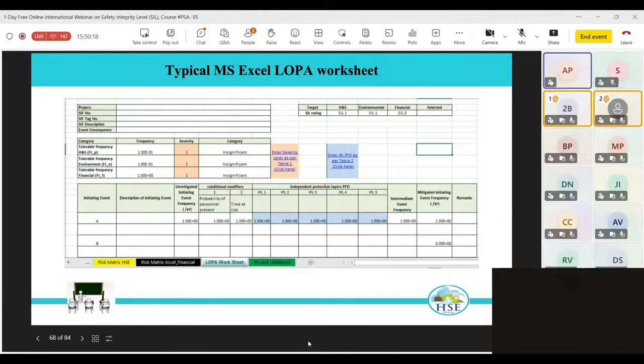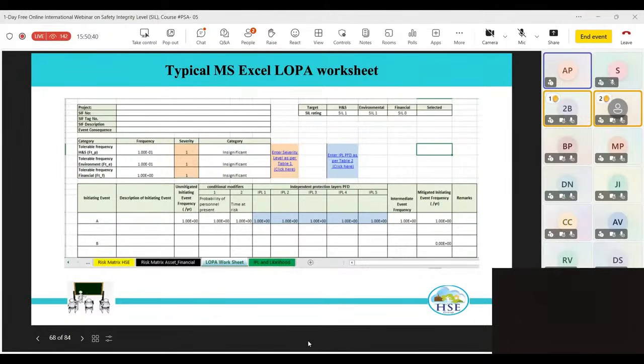Whatever category the risk matrix gives, it will show that, and the frequency it will show. Here there are three types of tolerable frequency. I'm taking you back to the slide on what is risk, where it was explained that one line is of a tolerable risk. Here also, tolerable frequency: each and every organization has different tolerable frequencies.